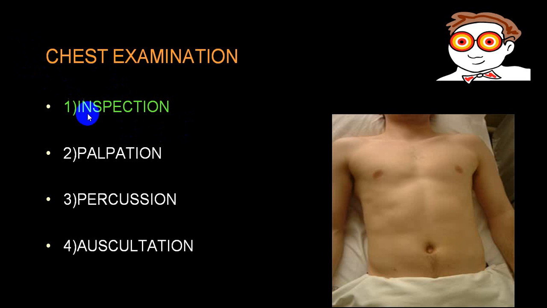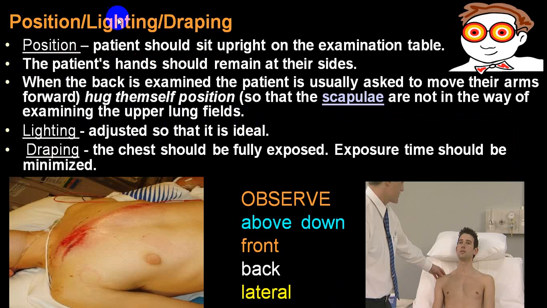So now we are starting with what we call inspection. During inspection, the examiner has to stand on the right side of the patient. Like abdominal examination, we have already told you that the room should be fully illuminated.